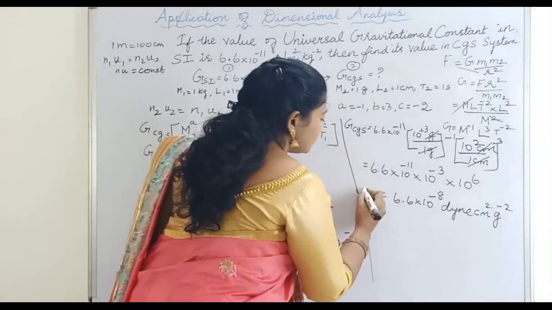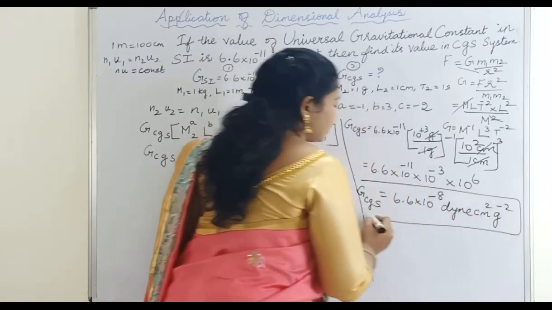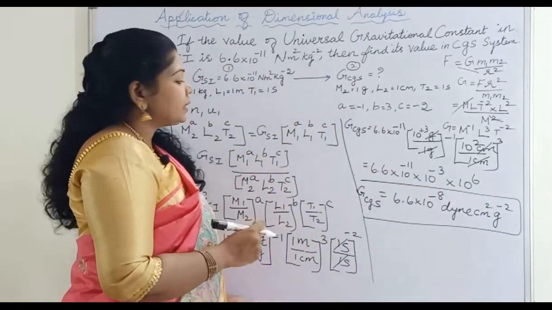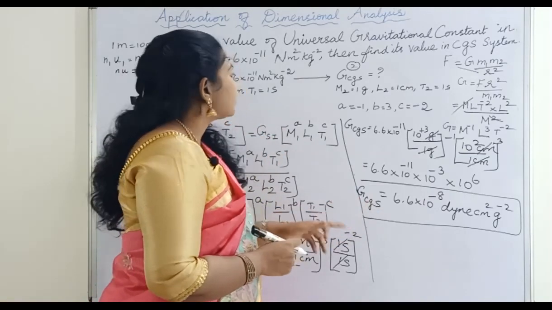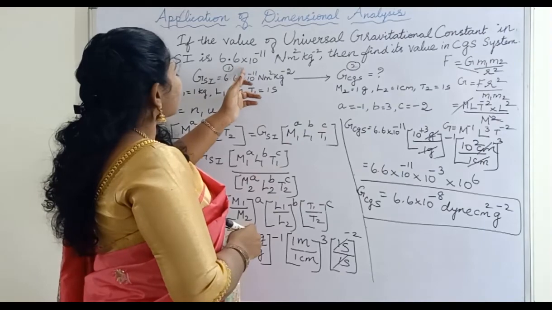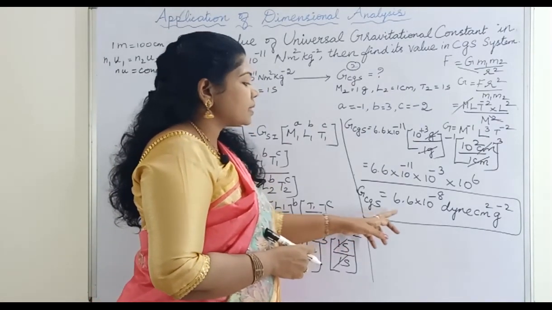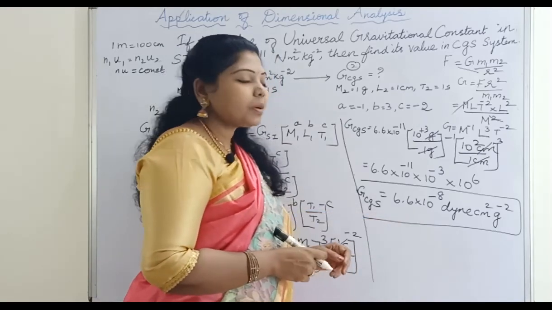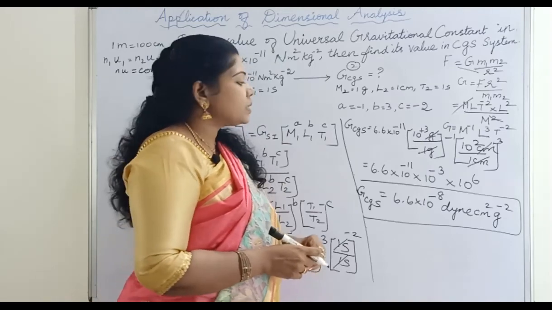So what is this? G_CGS. Okay, so we have converted the value of G from SI system to CGS system. For SI system it is 6.6 into 10 power minus 11, and we are getting in CGS as 6.6 into 10 power minus 8 dyne centimeter square gram power minus 2.